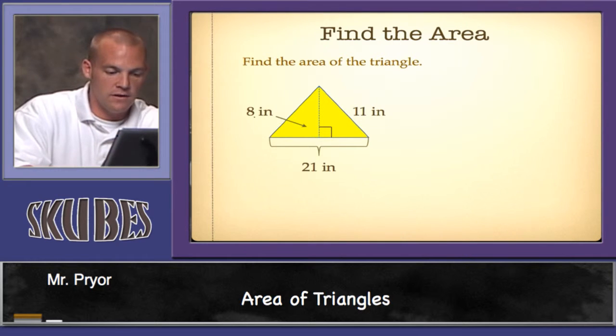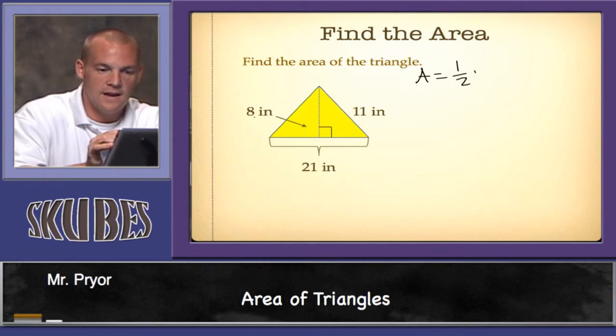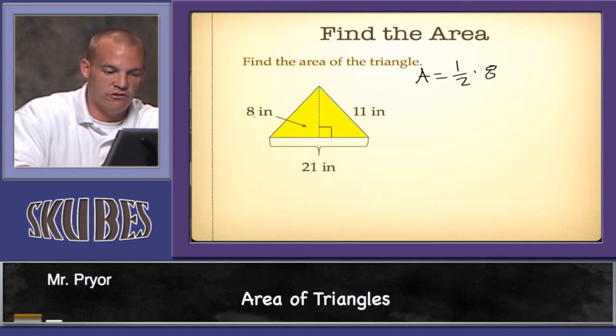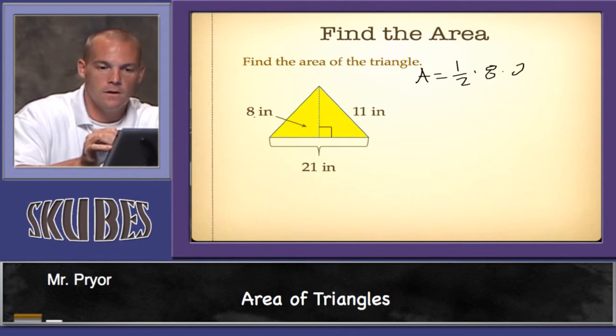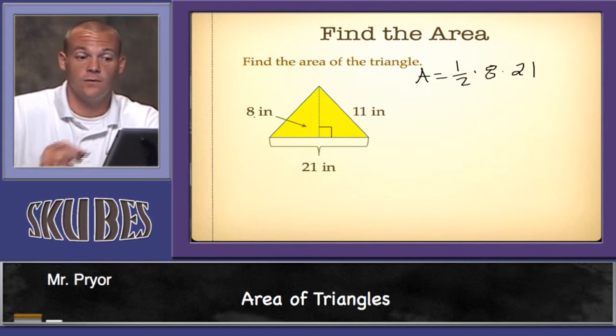So let's plug into our formula. Area equals 1/2 times 8 times 21. I'm going to use a similar strategy to a moment ago, because 1/2 of 8 is easy to find. It's 4.